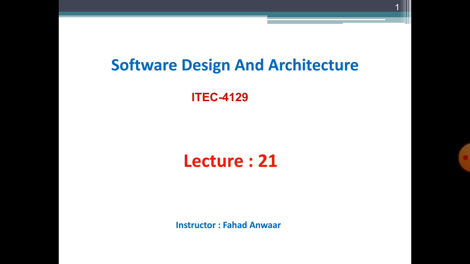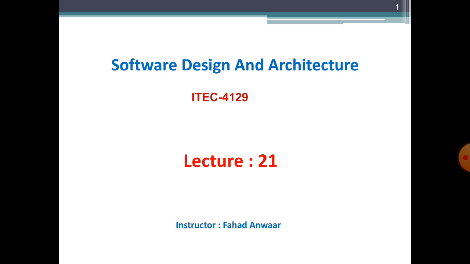For both, we discussed their structure with the help of some real world examples. We also discussed the possible applicable domain areas where these distributed software architectures can be utilized, as well as their advantages, disadvantages, and limitations. So this is a little bit of a recap about our lecture number 20.